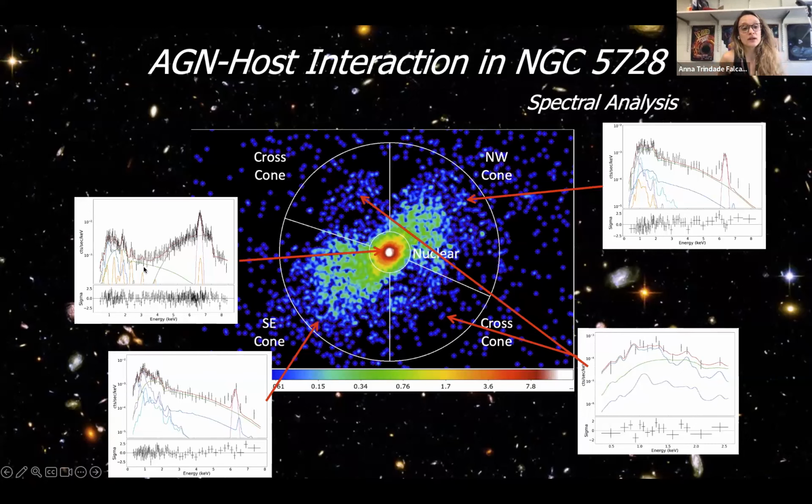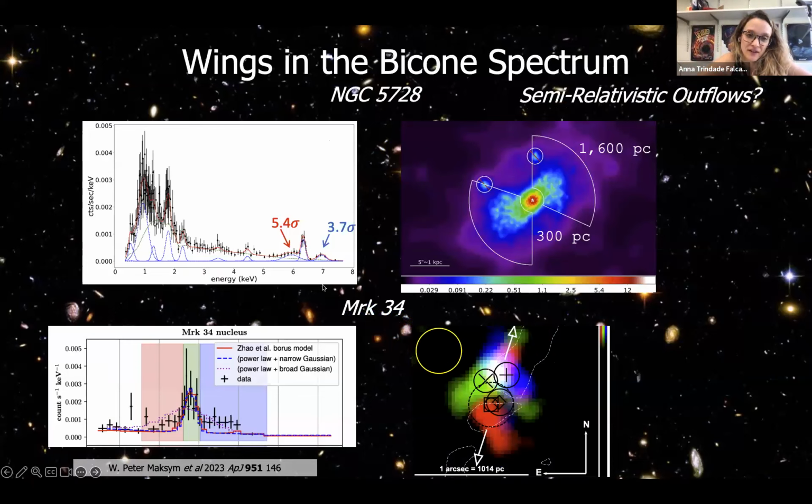And something that is really important and interesting about this target, for me, is that when you look at this spectrum, what you see, at least most people, is that you end up having some sort of unidentified features in the spectrum of this AGN.